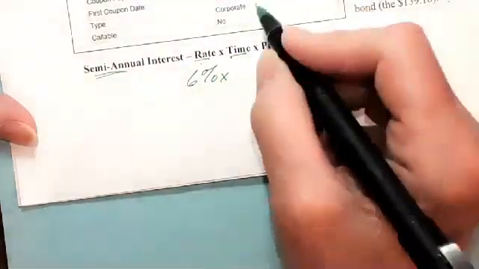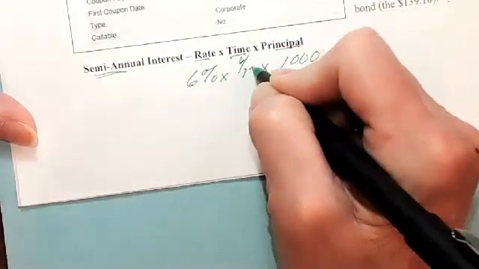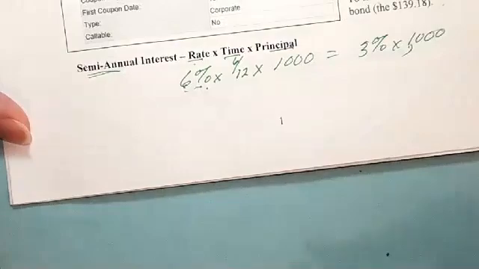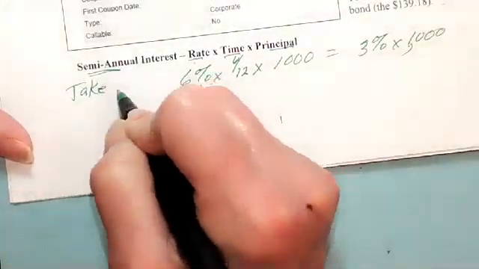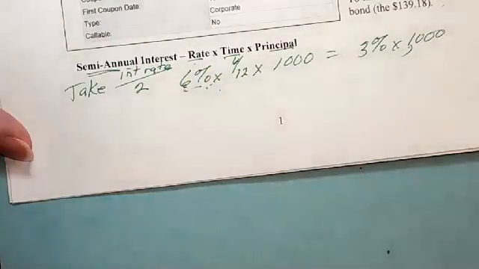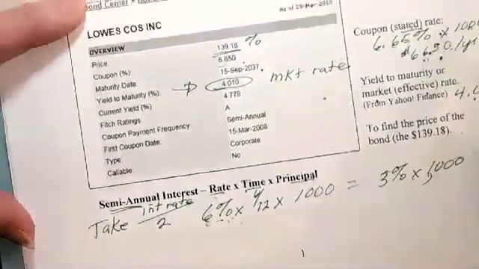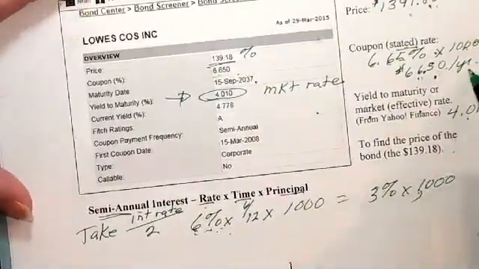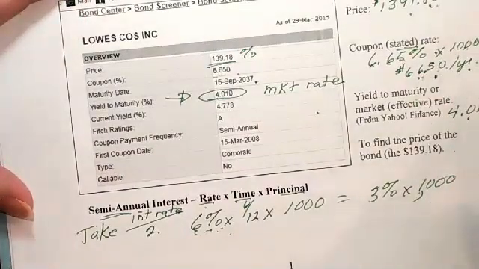And then the time, because it's always semi-annual, is always 6/12. So often we'll just take half of the interest rate. Take your interest rate, divide it by 2. But that also means that, thinking here, I get $66.50 a year, but I get $33.25 every 6 months.